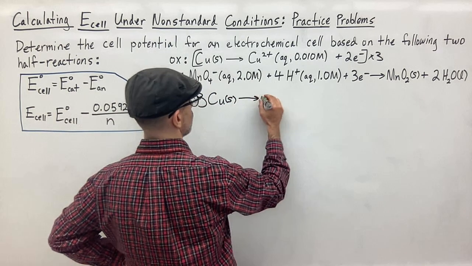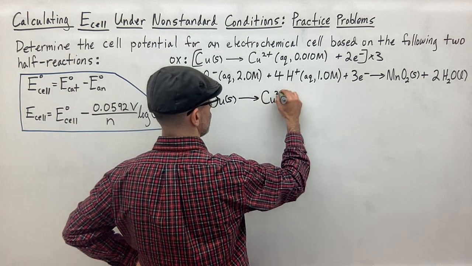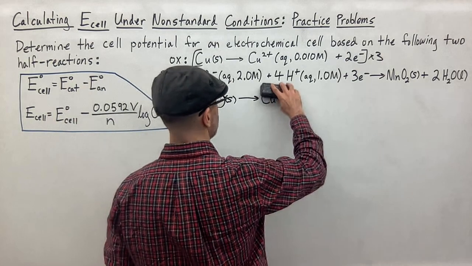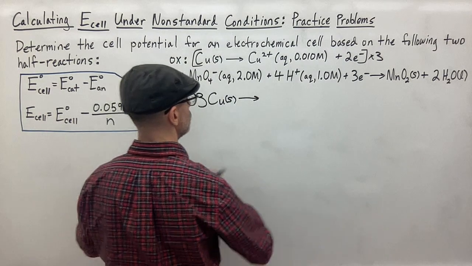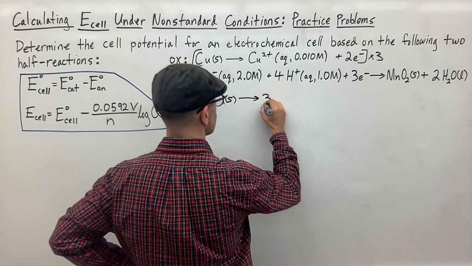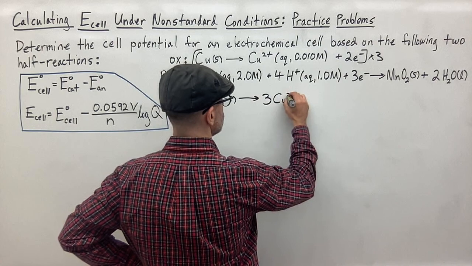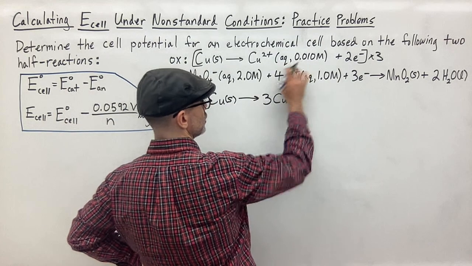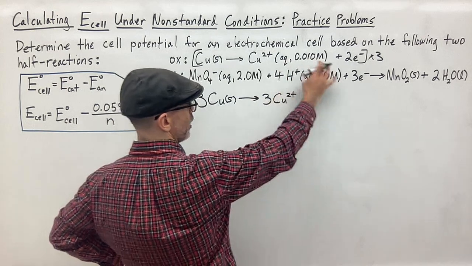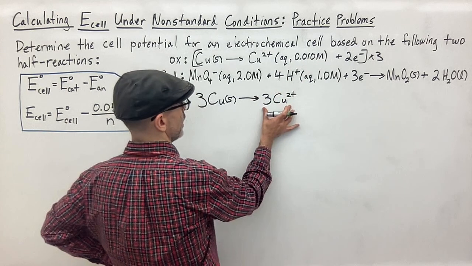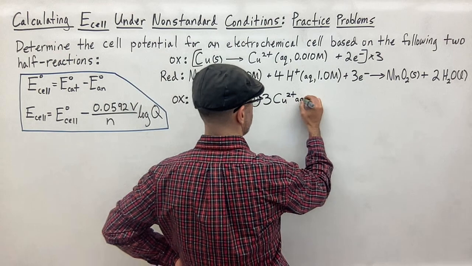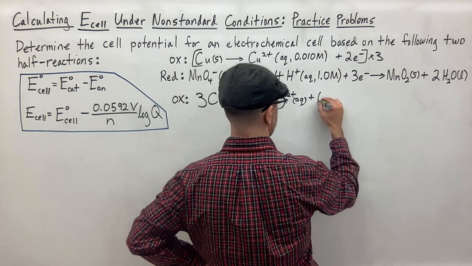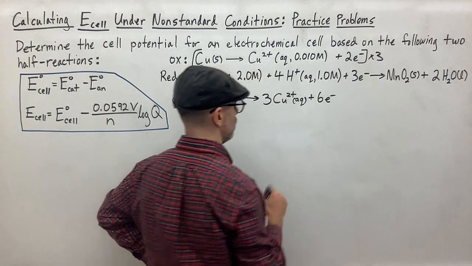And that's going to give off 3 Cu2+. I'm going to ignore these concentrations for now, but they're there for us to use later. So then I have this here. This is going to be aqueous. And then we have 2 times 3 is 6. We have 6 electrons given off.